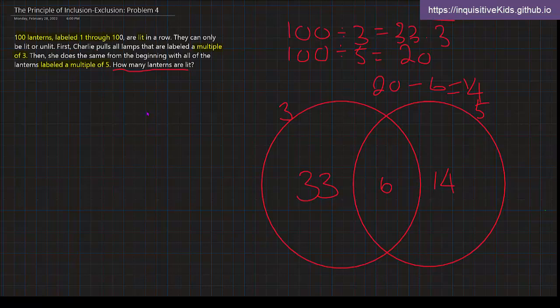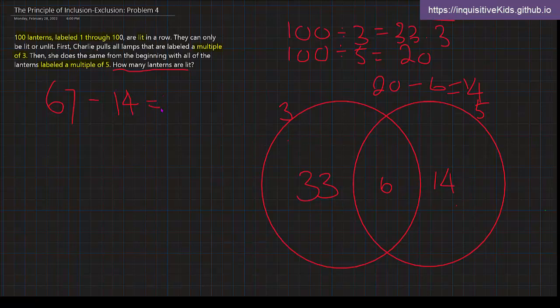So if there are 33 lamps on the first round that go unlit, there will be 67 lights left. And then another 14 lights go off, 14 because for the second round, it's multiples of 5.